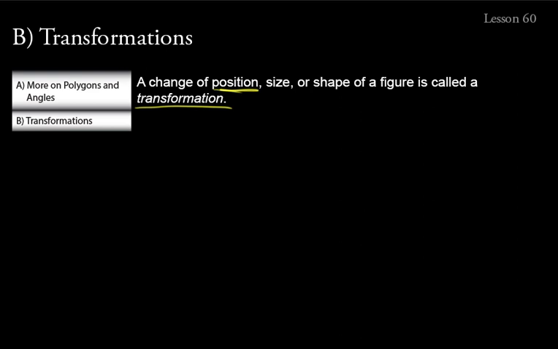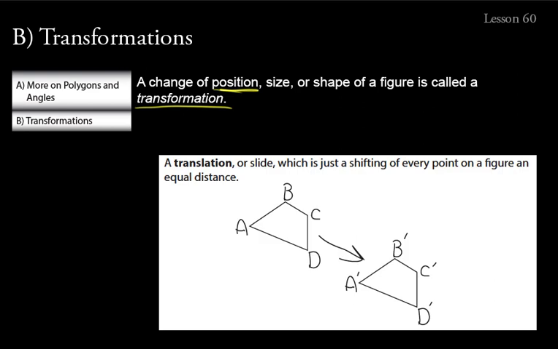And we'll consider 3 types of transformations of position here. One of those is a translation or slide, which is just a shifting of every point on a figure an equal distance. So this point B goes over here, we call it B prime.